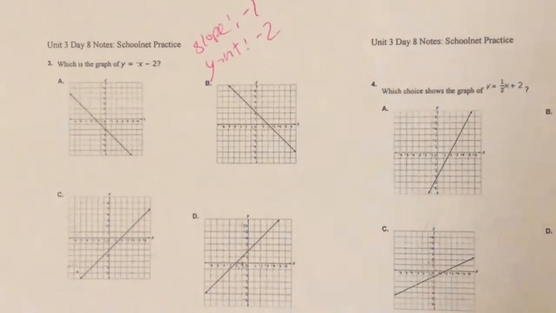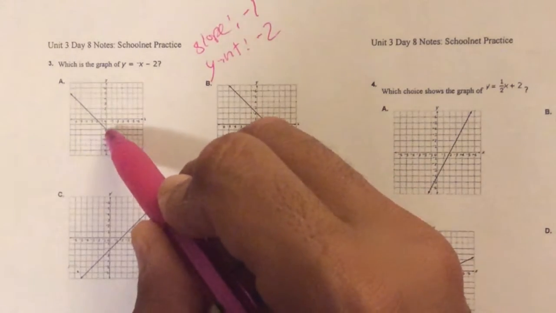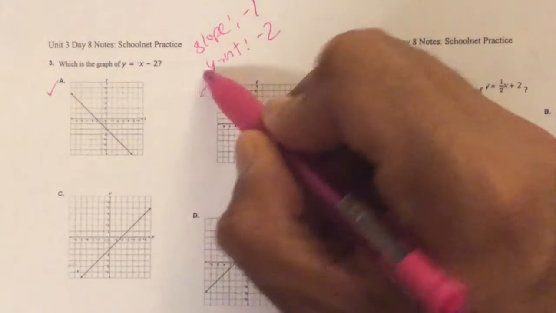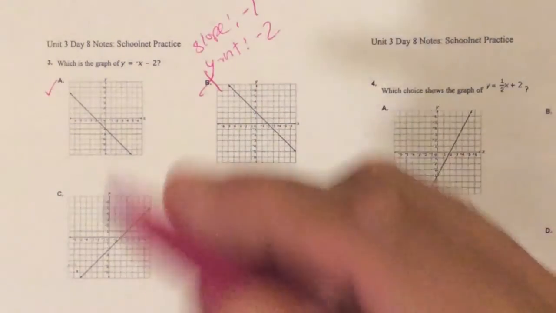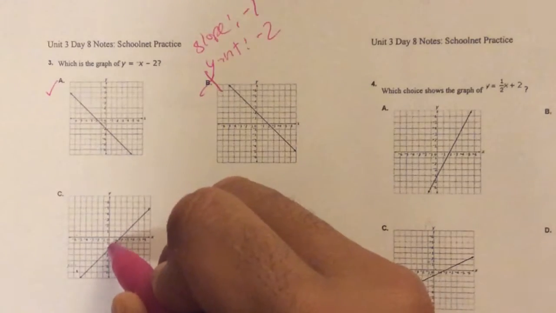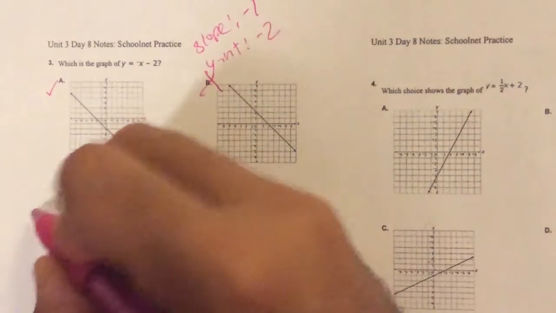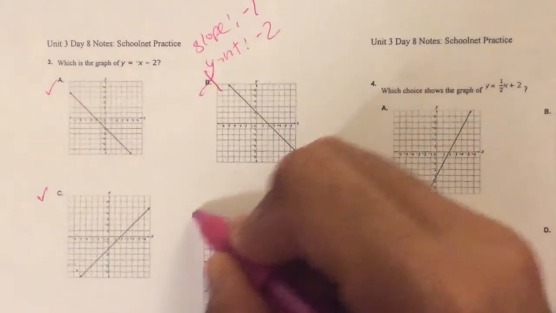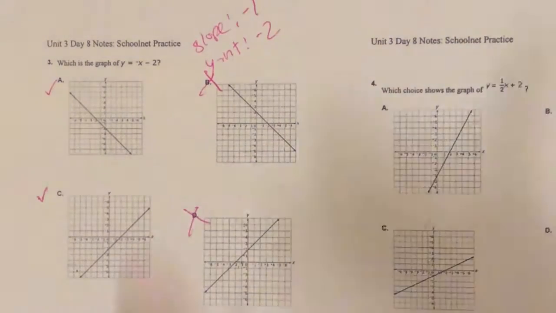Now, using this information, look at the graphs and see which one has a y-intercept of -2. This has a y-intercept of -2, so that checks out. This does not, so that's out. This one has a y-intercept of -2, and this one does not. So that means the answer has to be between A and C.